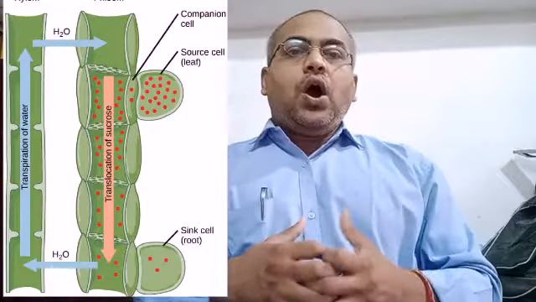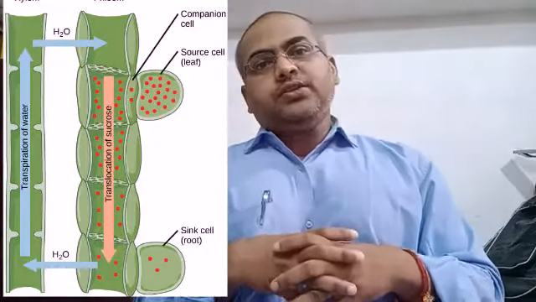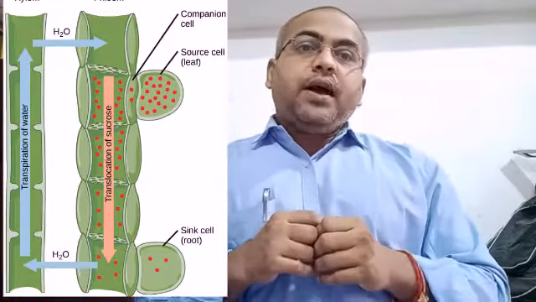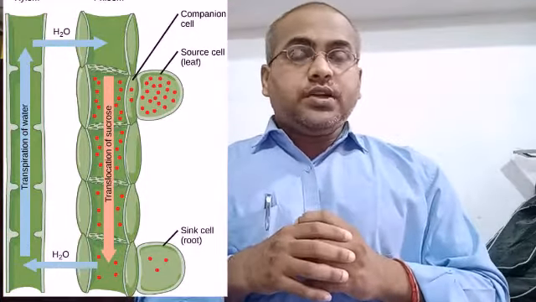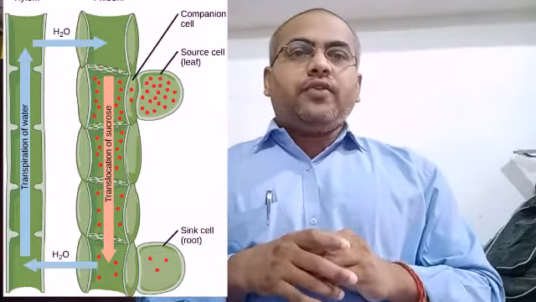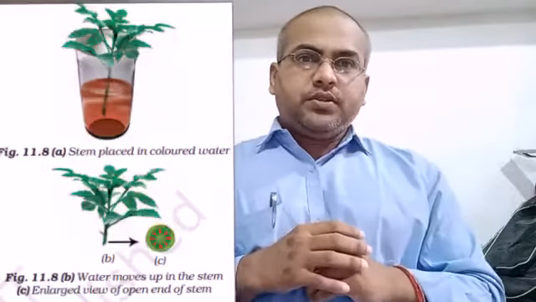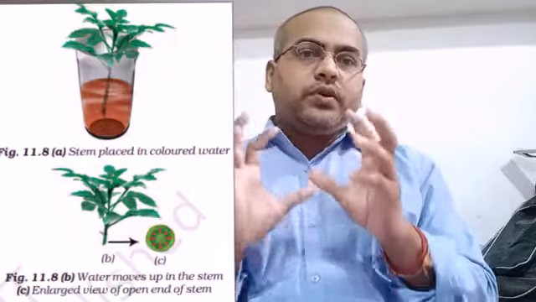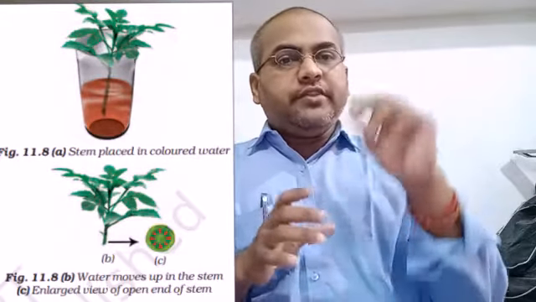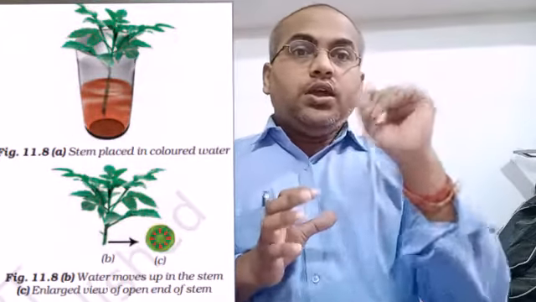The next day, observe the different areas of the plant. If the plant has a white flower, you will observe that the color of the flower changes a little bit. In green color you are not able to observe that type of change, but in a white flower you will.